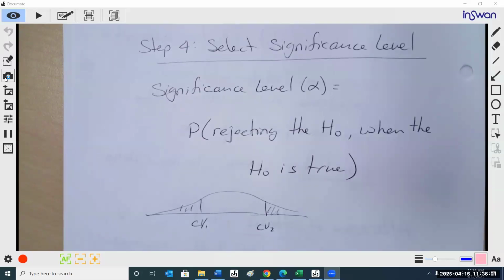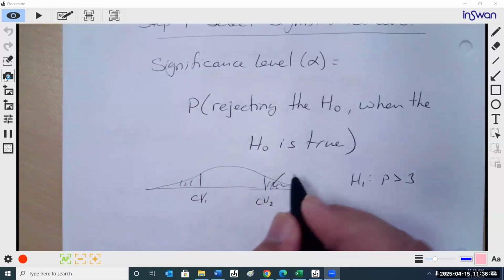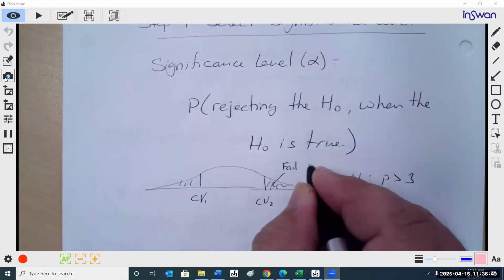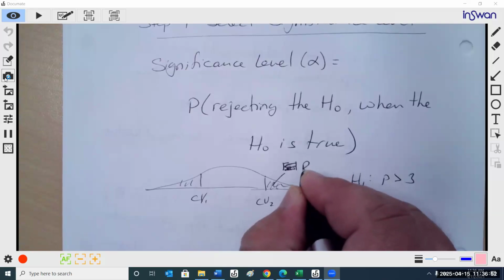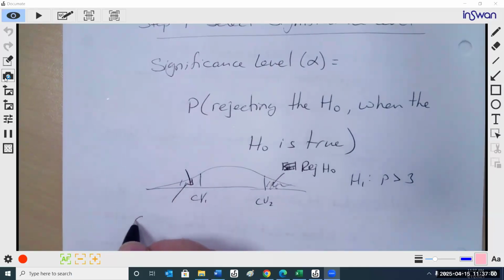Equality: equal to, greater than or equal to, or less than or equal to. So in the two-tailed test, the alternate hypothesis would be, let's say, P is not equal to 3. So if it's inside here, we reject the null hypothesis, if it's inside the critical region.